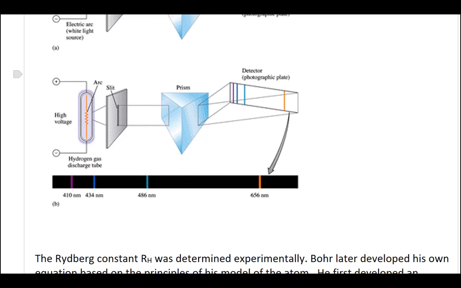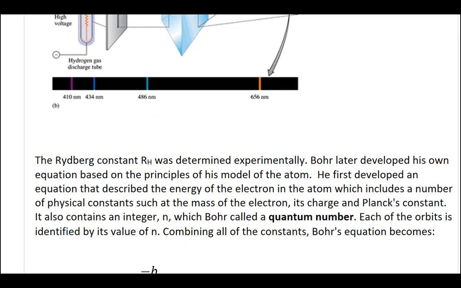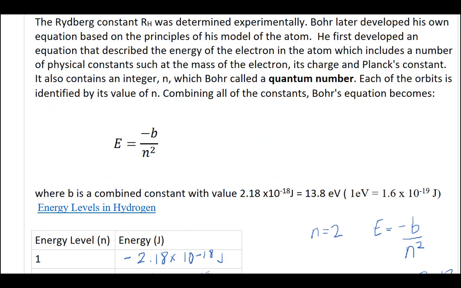So this is our hydrogen spectrum. We can see this is the spectral line that we were studying there. So that spectral line resulted from an electron falling from the 6th orbit to the 2nd orbit. And what Bohr was able to do was determine that with calculations.